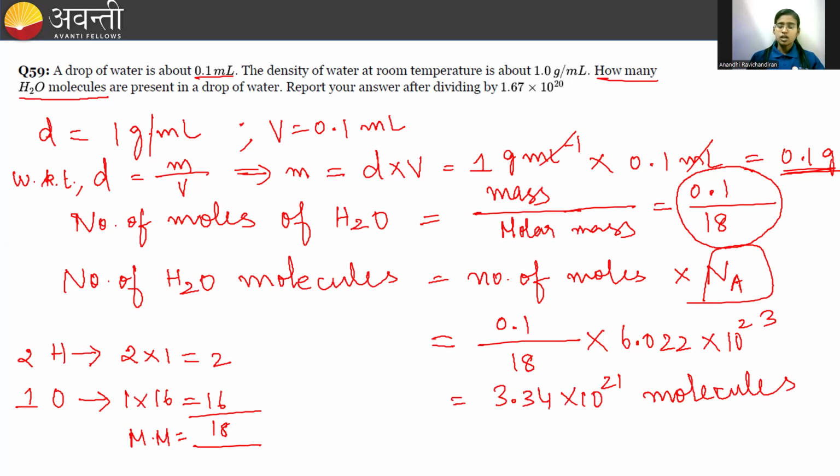Now we have to find out the number of water droplets, after dividing the answer by the given number 1.67 into 10 to the power 20.